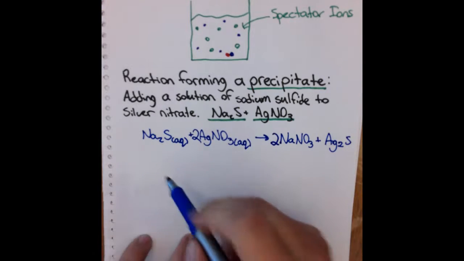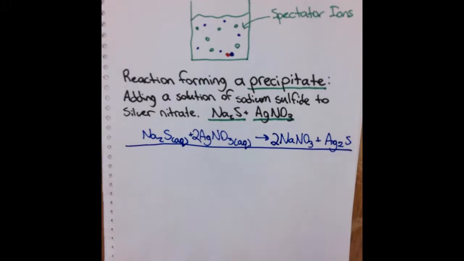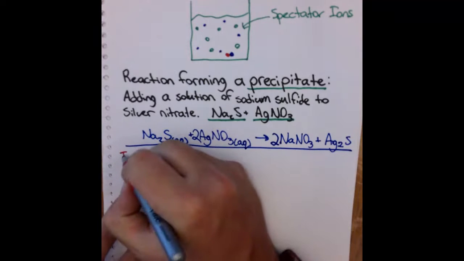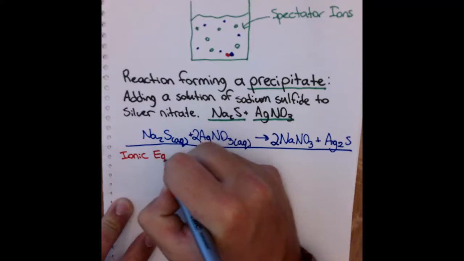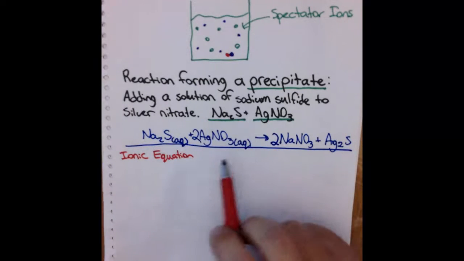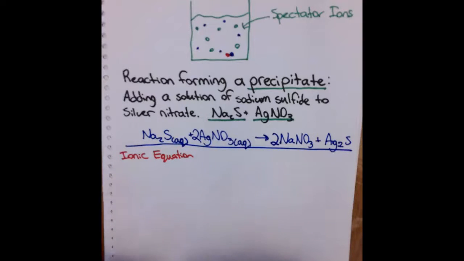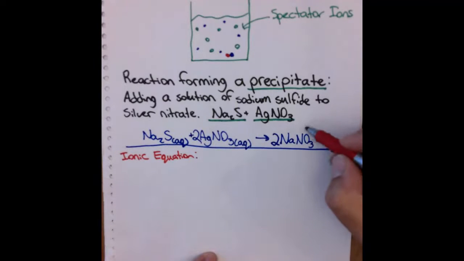Once I have my fully balanced chemical equation, I can turn it into an ionic equation. So we're going to identify any of the ions that are going to be produced. But before this, it's very important that we identify which one of these, our NaNO3 or our Ag2S, is going to form a solid.